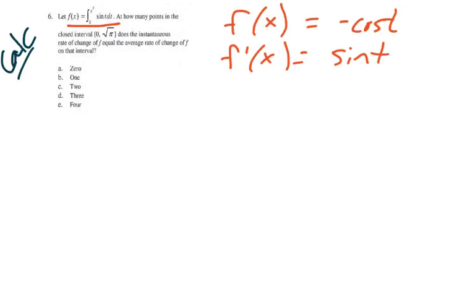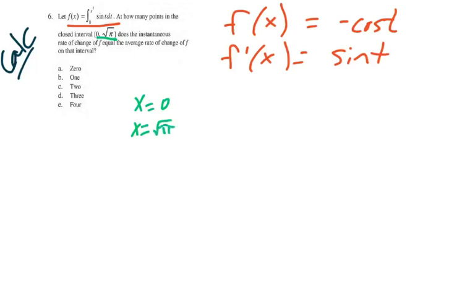The other thing that's actually important is that they give me this interval from 0 to radical pi. Those are two x values, right? So the first x value is 0, and the second x value is radical pi.